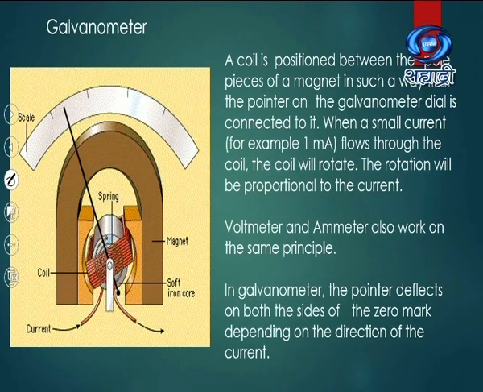So in galvanometer, the pointer deflects on both sides of 0 mark depending on the direction of the current. So galvanometer indicates the presence of current in the circuit, whereas ammeter gives actual measure of current in the circuit.